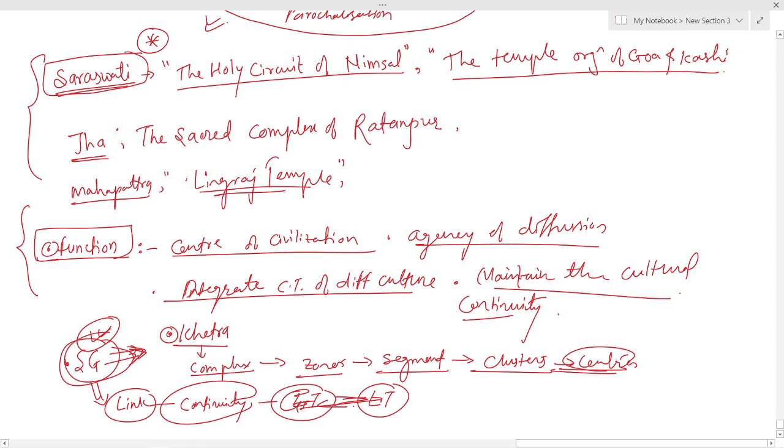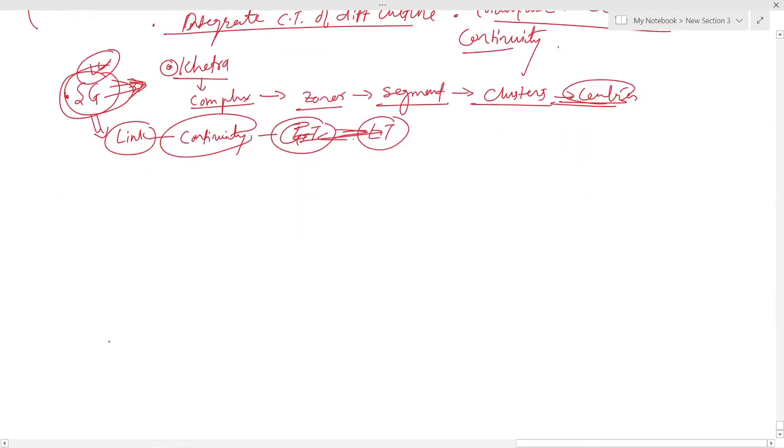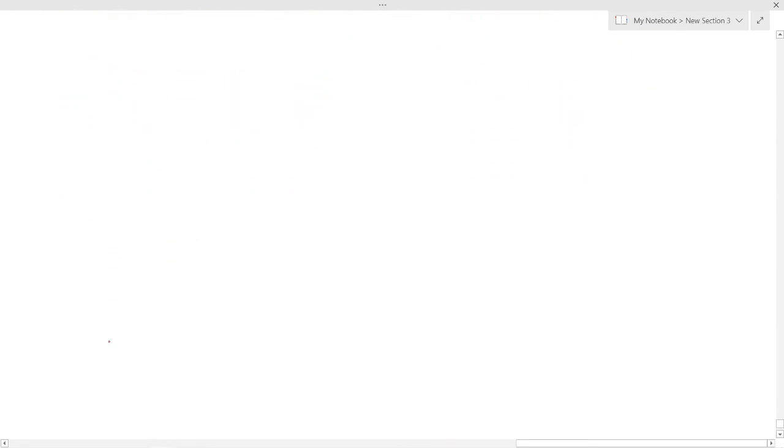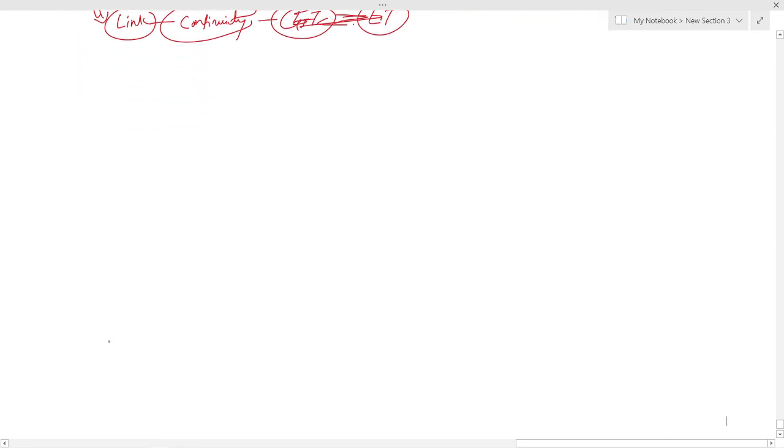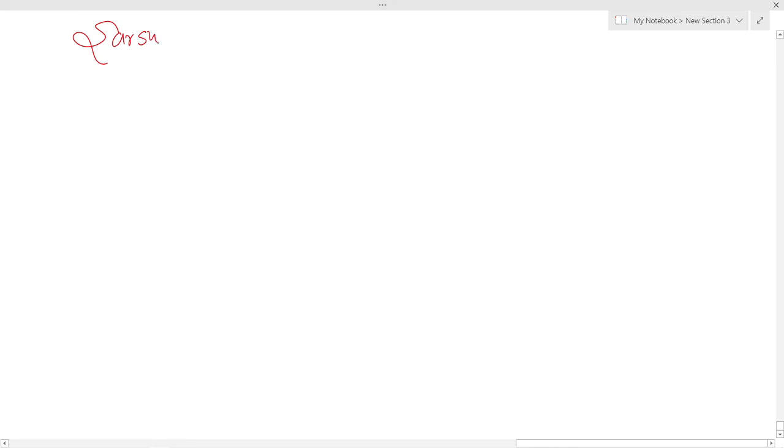So this is nothing but the sacred geography. As far as the contribution of Saraswati is concerned, a simple question can be asked about the contribution of Saraswati, and you will have to write.